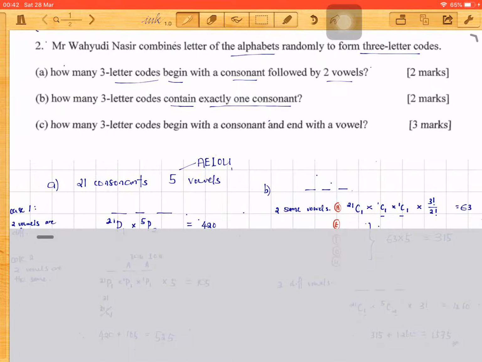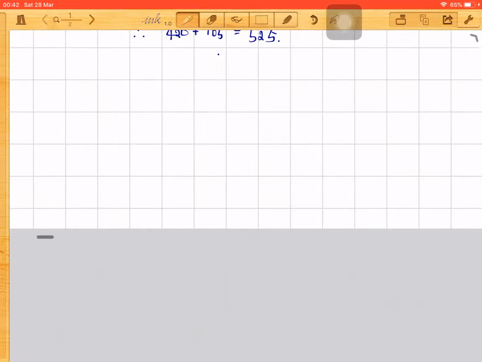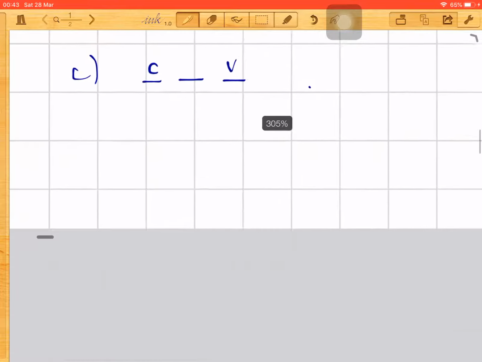And the last one, how many 3 letters could begin with a consonant and end with a vowel? Begin with a consonant and end with a vowel. In this case, I didn't say the middle alphabet can be consonant or can be vowels. So we have to do 2 parts.